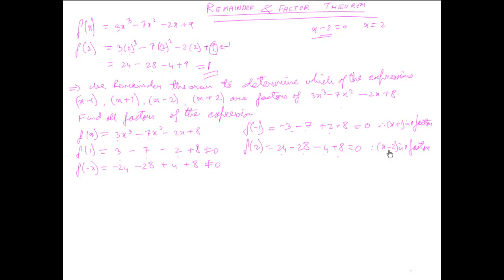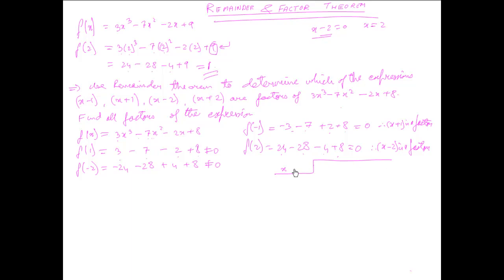Now children, since we've already got two factors, we might as well simplify it. We might as well do long division for it, children, to get to the final answer.